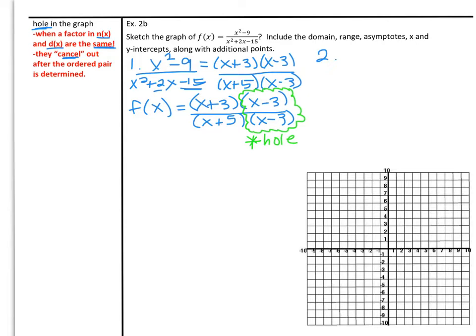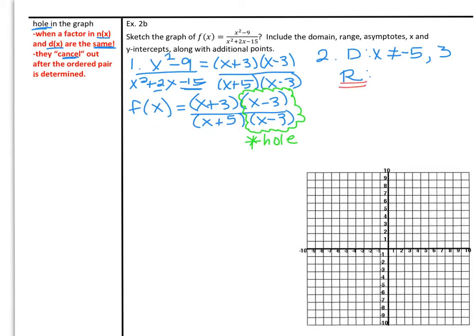We know in the domain we have 2 parentheses now. So x can't equal either of those. x can't equal negative 5, and it can't equal positive 3. For the range, now here's what's unique about the range. Since we have multiple terms on the top and the bottom, we're going to go back to our original equation.